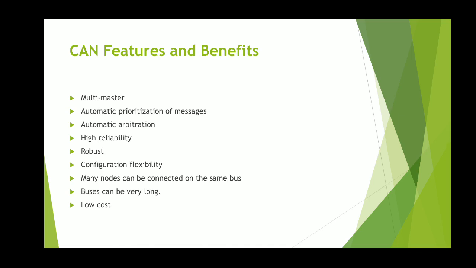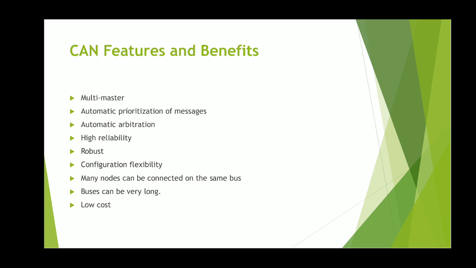It means that each node in the CAN bus can transmit data at any time. The next feature is that it supports automatic prioritization of messages and automatic arbitration. This is done by a message identifier field which is present in the CAN frame.